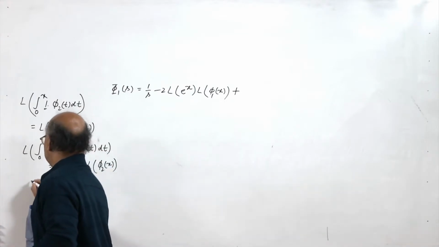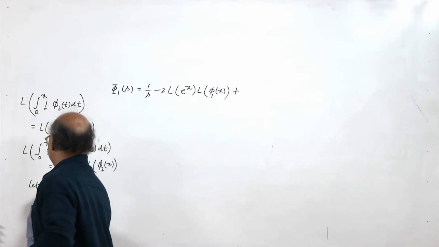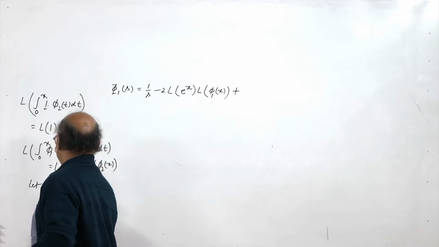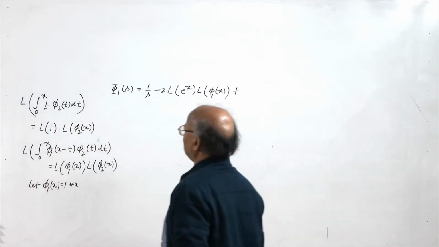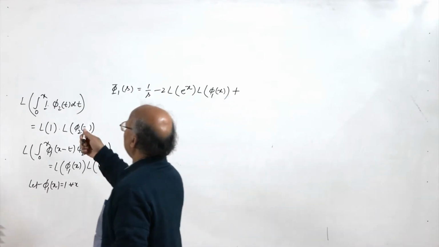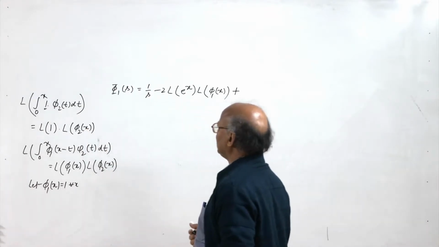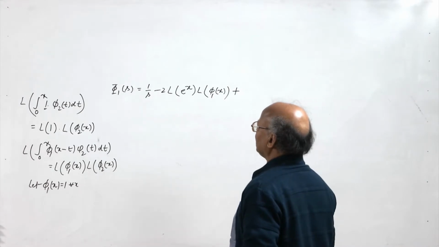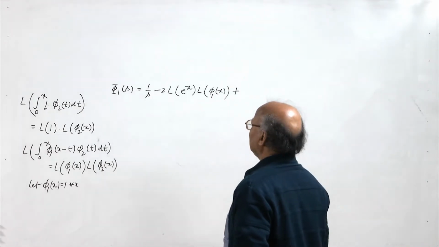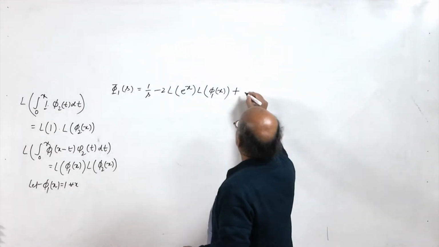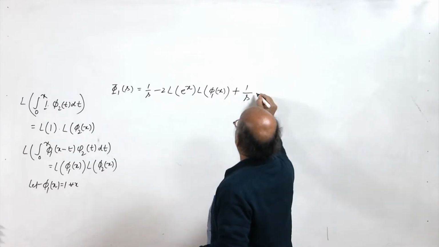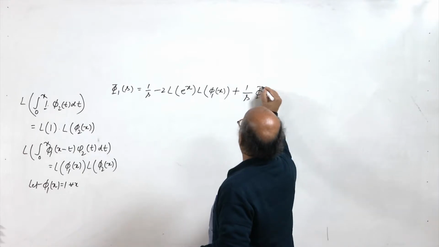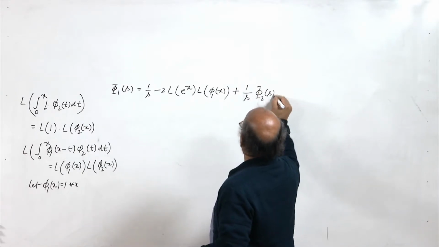Let phi 1 x be equal to 1 for all x, then phi 1 x minus t will be equal to 1. So, Laplace transform of integral 0 to x phi 2 t dt will be the product of the Laplace transform of 1 and Laplace transform of phi 2 x. So, Laplace transform of 1 means 1 over s into Laplace transform of phi 2 x, so that is phi 2 s.